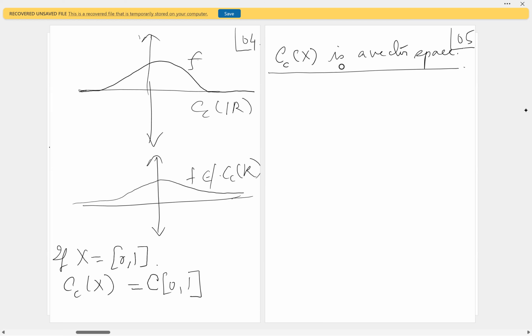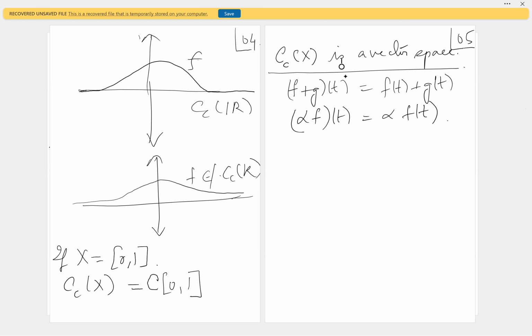So this is a non-empty set, and we define the usual addition pointwise and scalar multiplication. So what do I need? Continuity is not a problem. So f plus g and alpha f are continuous, of course, if f, g are in C_c(X) and alpha is a scalar.